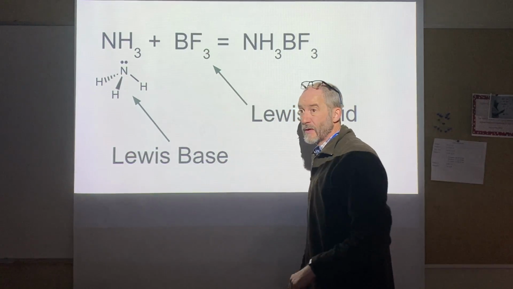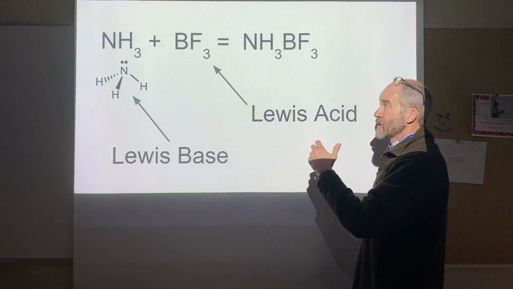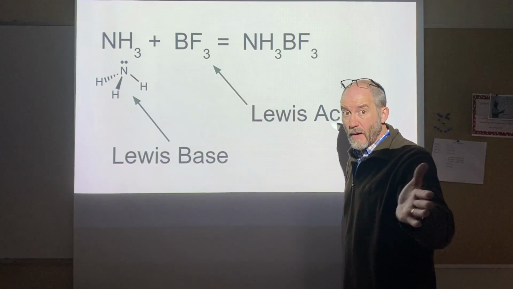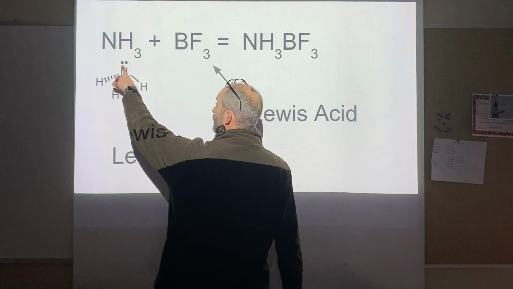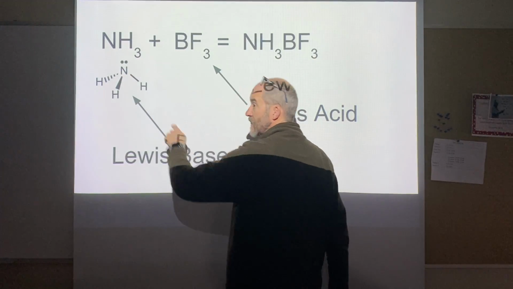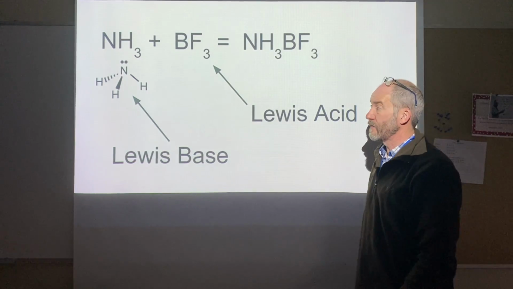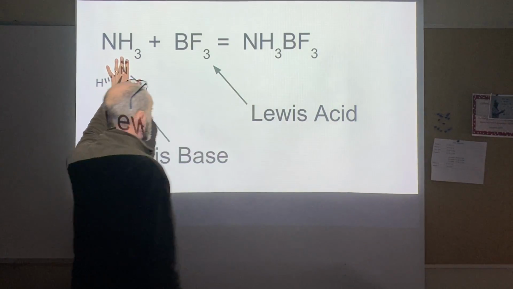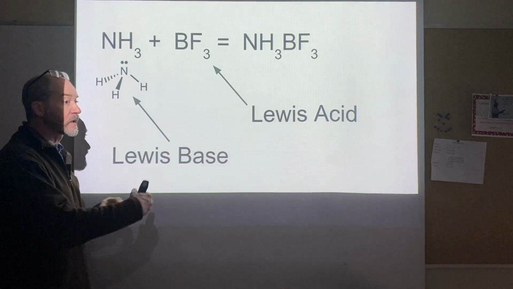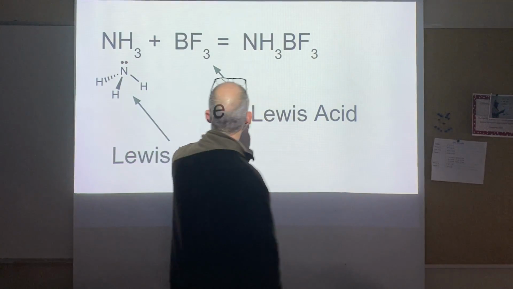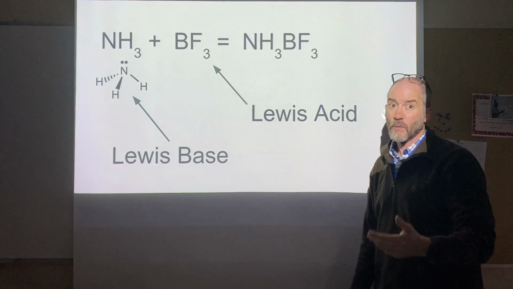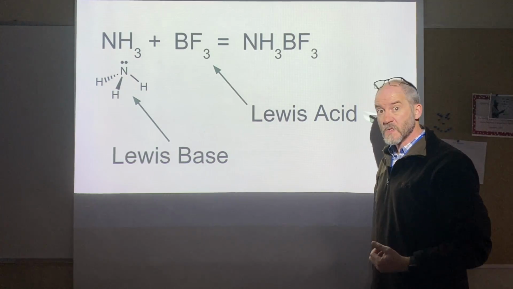It has to do with hybridized orbitals and such, but that's not the point. The point I want to make right now is that this is willing to give, essentially, and this is willing to accept. So by Lewis definition, this would be a Lewis base because it's giving, and this would be your Lewis acid because it is willing to accept.